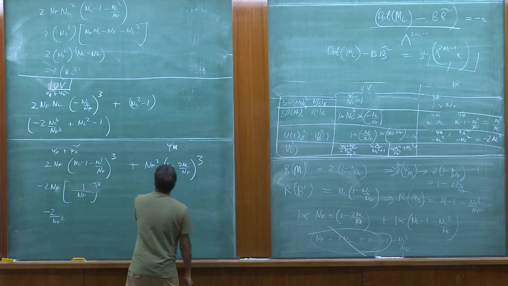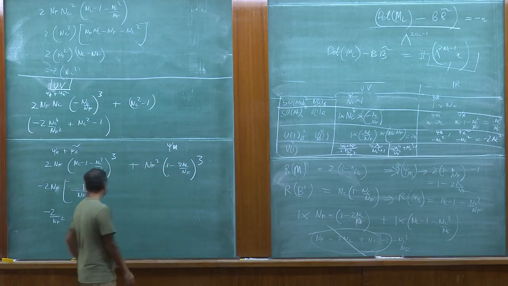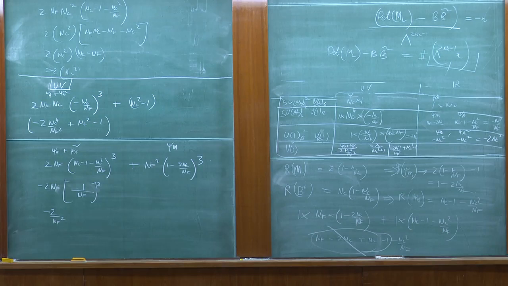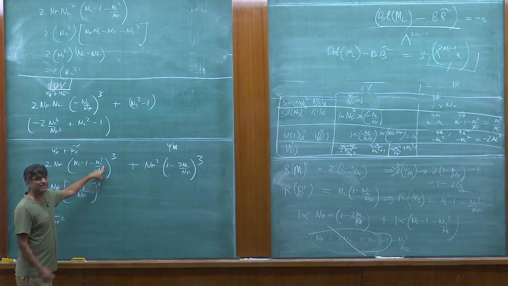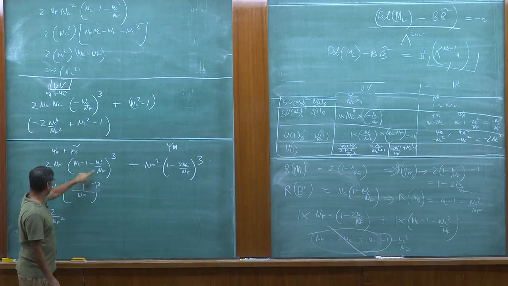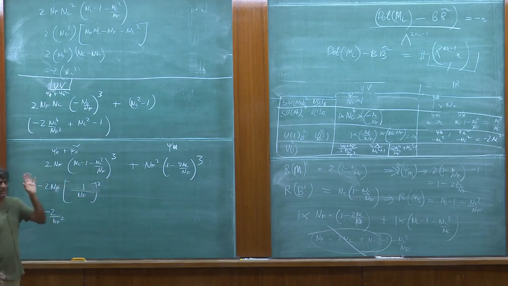Okay. What about this guy? So it was NC NF minus NC square. So NC NF, but NF was NC plus 1. That was minus NF. Right, so it was an NC minus NF. Okay, therefore minus.